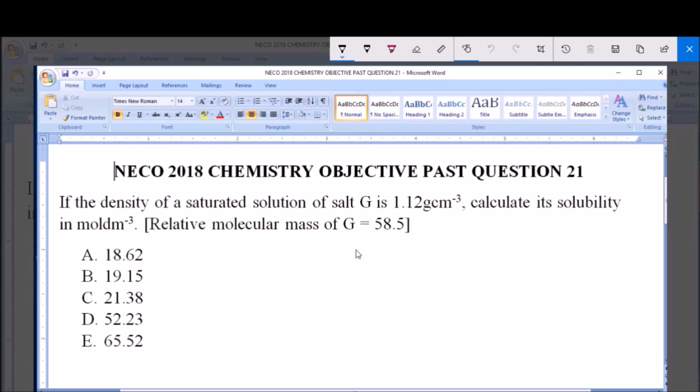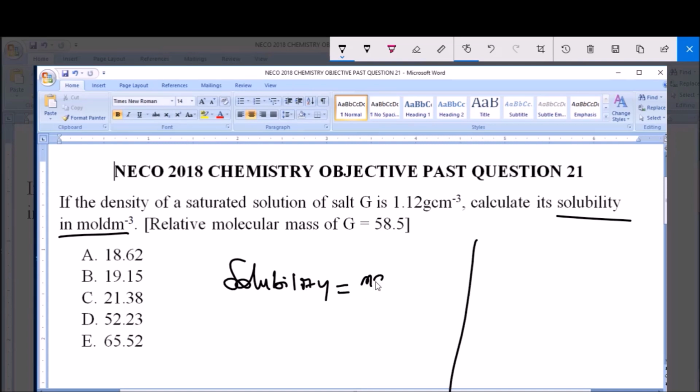Now we are asked to calculate the solubility of this saturated solution of salt in mole per dm cube. Solubility is equal to the given mass over the molar mass, multiplied by 1000, which is a standard volume, all over the given volume.